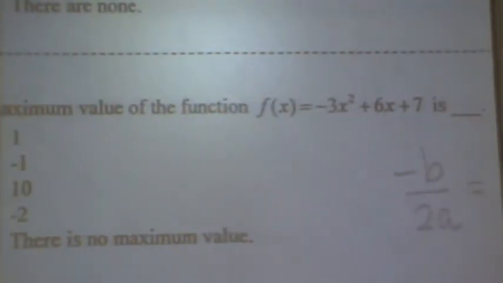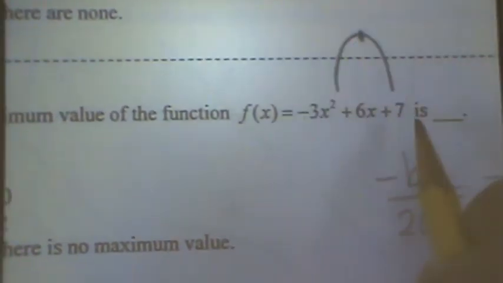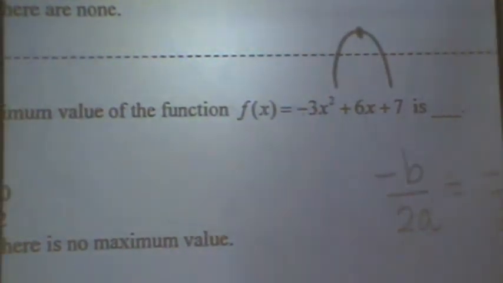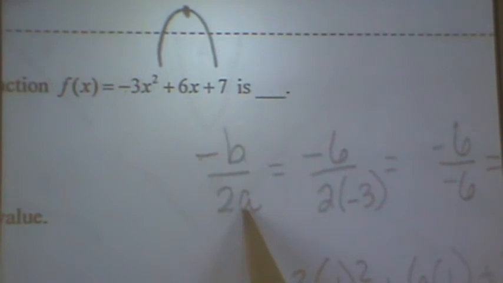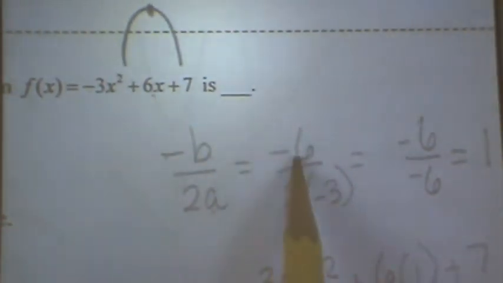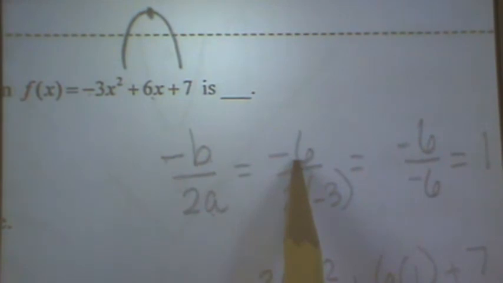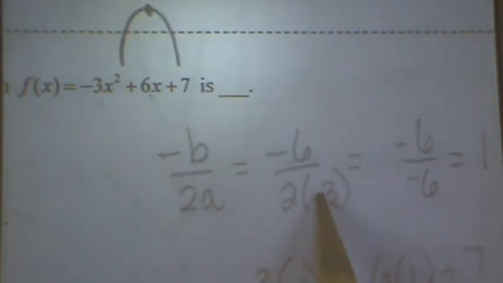29, how do you find the maximum value? This is a parabola, and it's upside down, so it'll be shaped like that. So your maximum value is your vertex. How do you find your vertex? It's the formula, negative b over 2a. Well, that's your b value, 6. So it's the opposite of 6, negative 6, divided by 2 times your a value, 2 times negative 3.